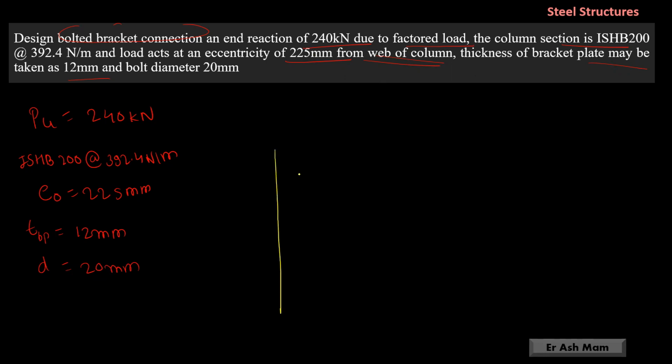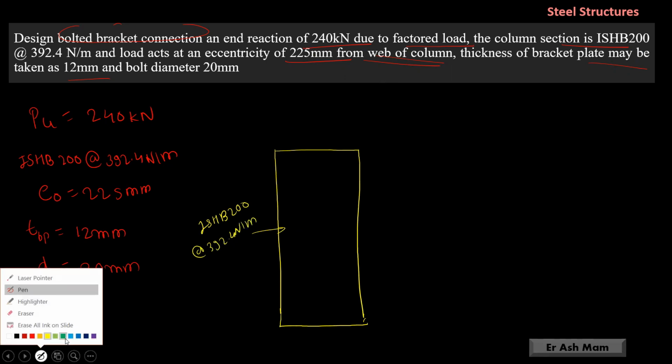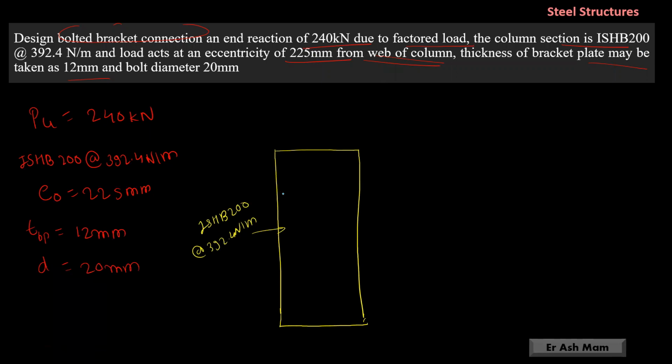If this is the column, ISHB 200 at the rate of 392.4 Newton per meter, and one bracket is connected to this column.